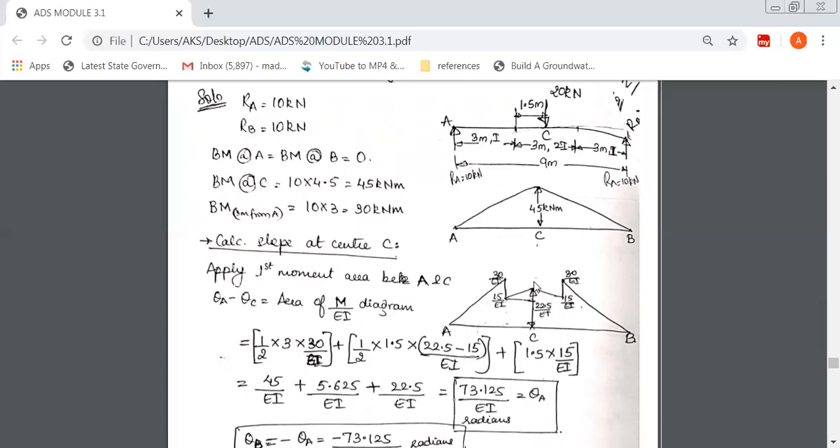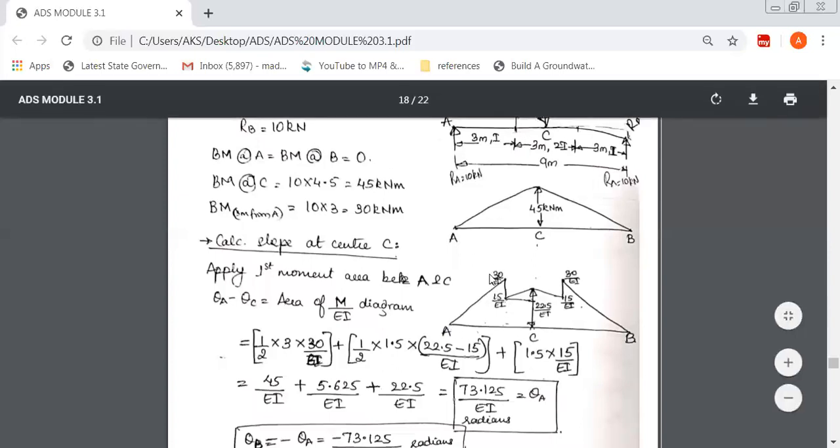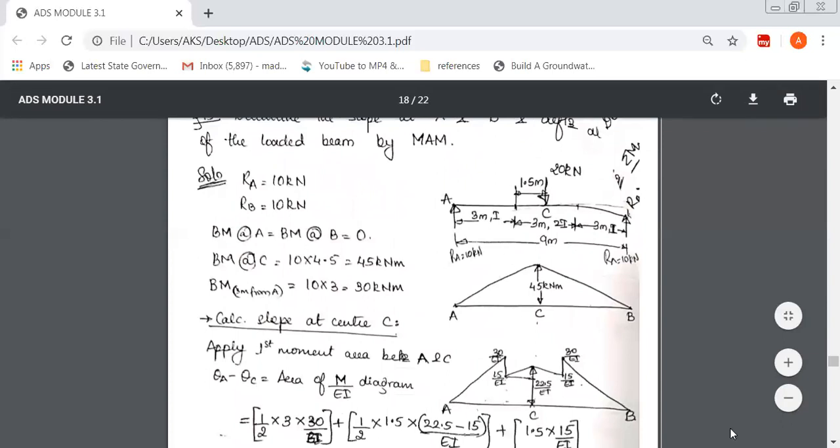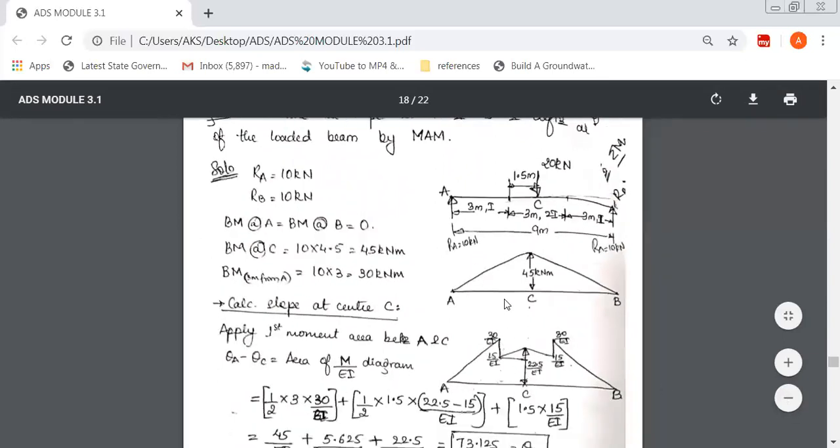Now, see here how to draw this. Check this out carefully. At A and B, the bending moment is 0. Next, the bending moment at 3 meter. At 3 meter, at this point, you can see there are two ordinates.